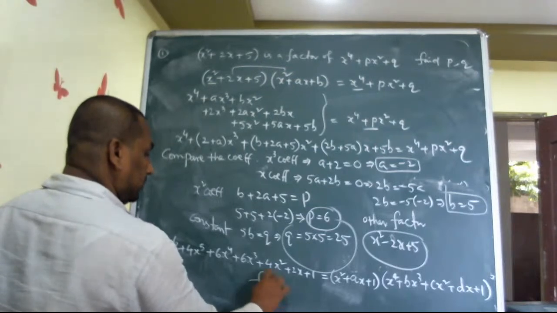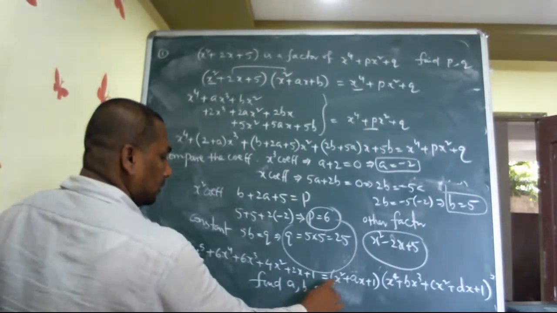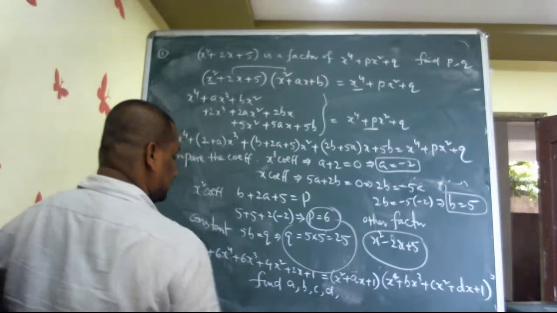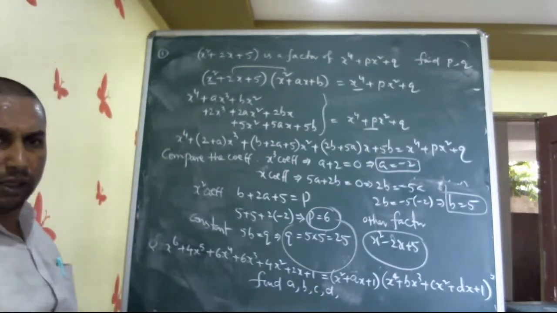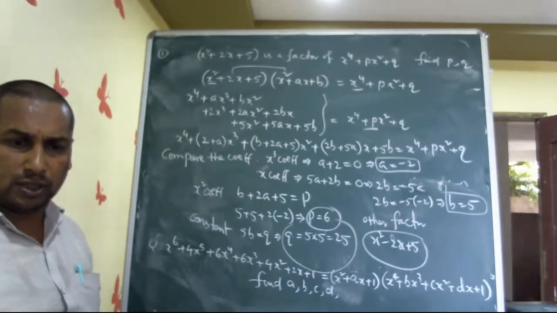Then find a, b, c, d. That's the question. Write it down and try to solve it yourself.